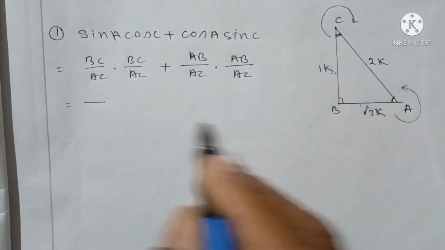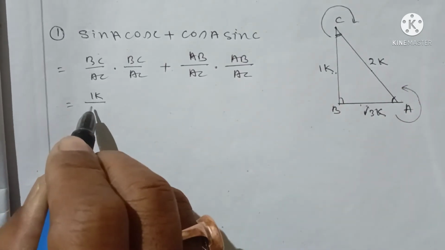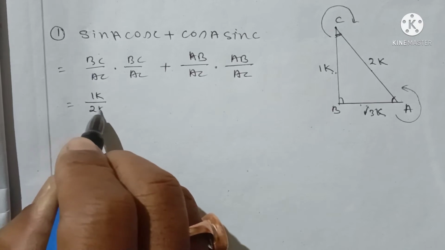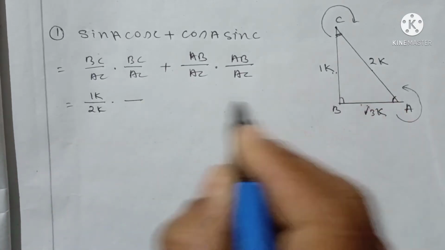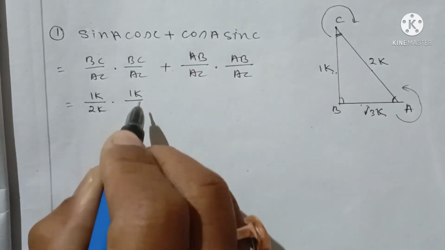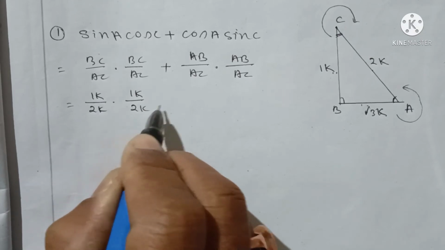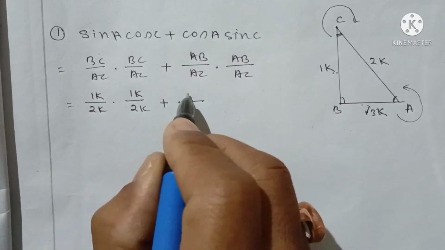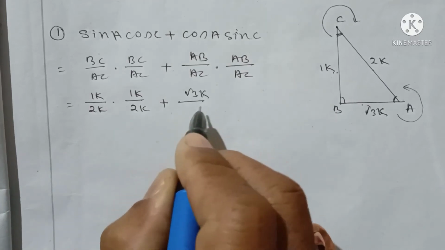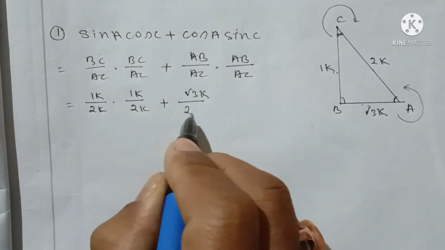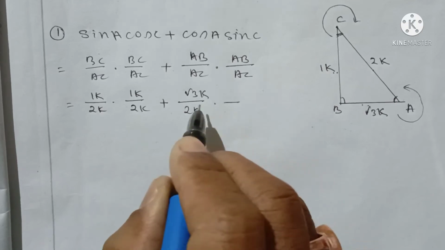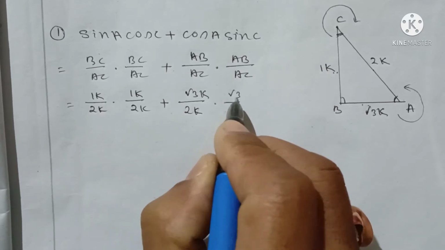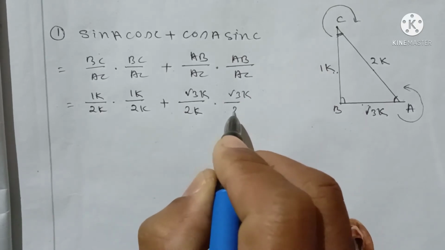BC is 1K. AC is 2K. BC is again 1K, AC is 2K, plus AB is root over 3K, AC is 2K, AB is root over 3K, AC is 2K.